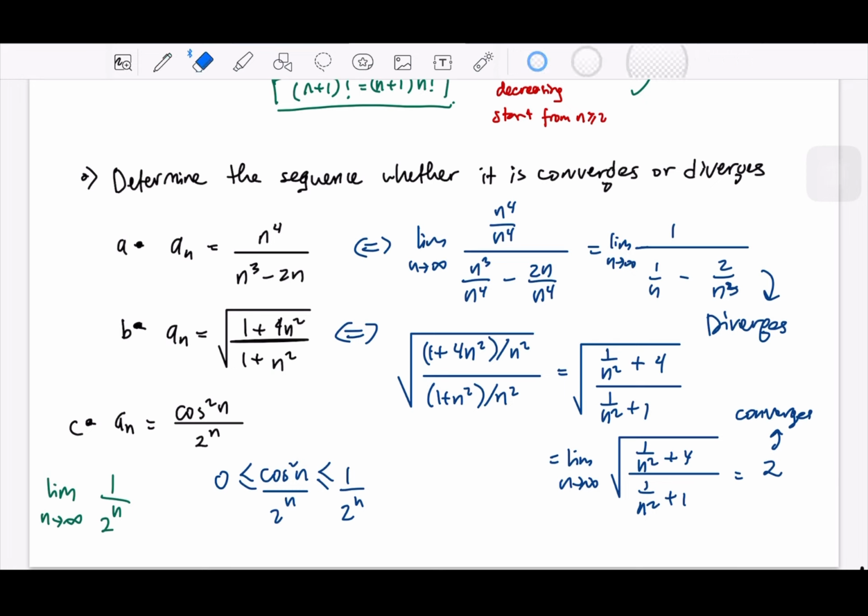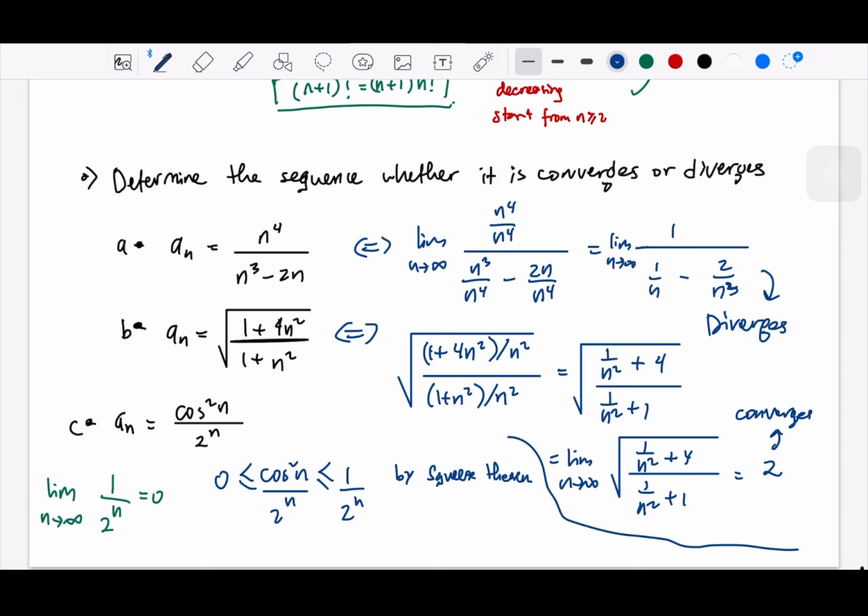So since the limit on the left is 0 and the limit on the right is also 0, then the limit in the middle will be 0. So by the squeeze theorem, the limit is also 0, so it converges.